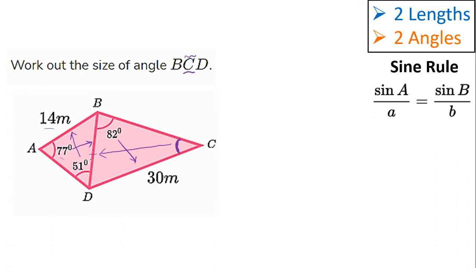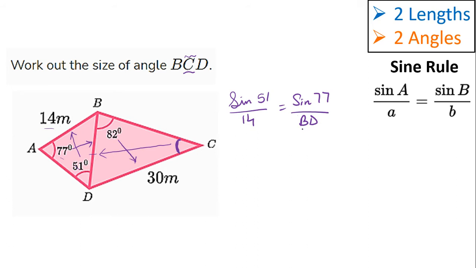One of them is available, one of them is missing, so I can simply find out my BD first. For that, I'm going to write sine 51 over 14 equals sine 77 over my BD, or I could also just call it X, or I could keep it as BD.